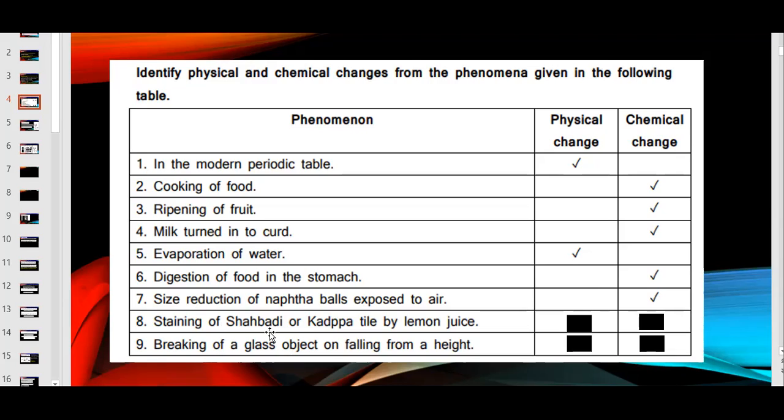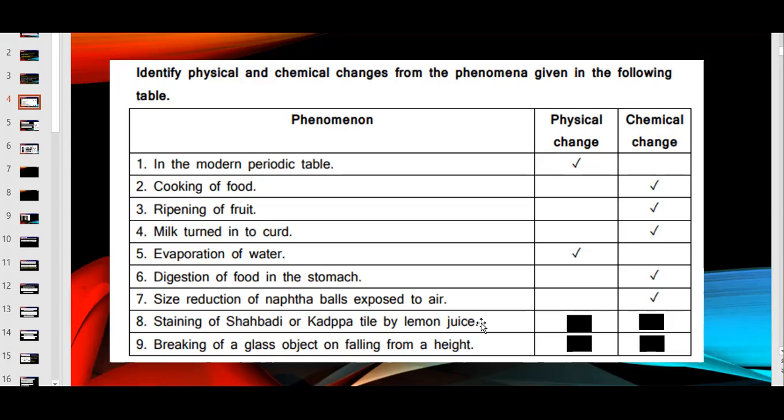Staining of Shabdi or Kadappa tile by lemon juice. I don't know whether you have seen in your kitchen, you must be having a Kadappa tile, right? A black tile which is used mostly in the kitchen. Nowadays, there are more stylish tiles. They will keep that stylish tile over the Kadappa tile, but Kadappa tile is a very strong tile, black in color.